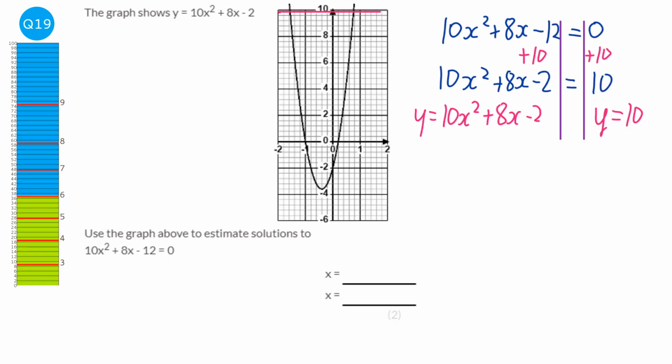There we are. And let's read off the values that that gives us. So it comes down here, and it comes down here. So the values are minus 1.6 and 0.8, and those are our solutions.